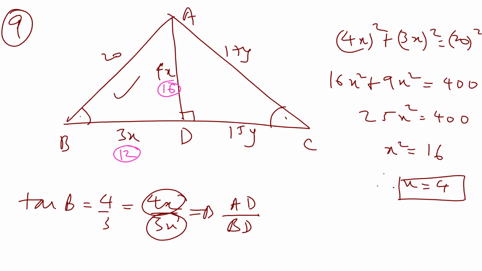Adjacent to C is DC, which is 15y, and hypotenuse is 17y.